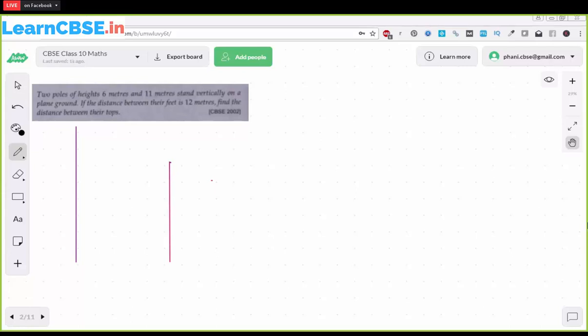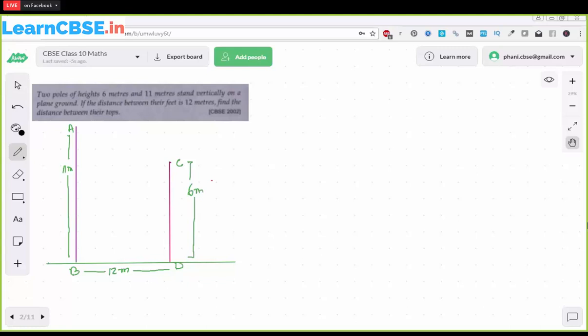So they are on a plain ground. Now the question is, the distance between their feet is 12 meters. So let's name them A, B, C, D. The BD distance is given 12 meters. The AB is given 11 meters. And this is given 6 meters.